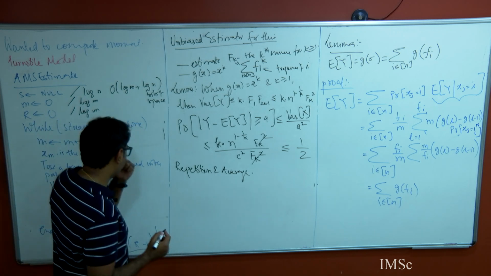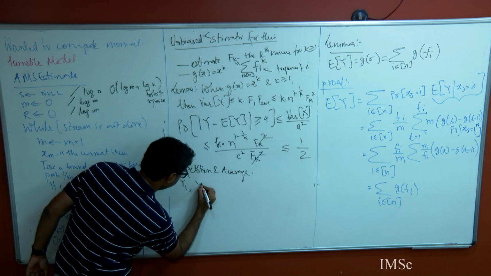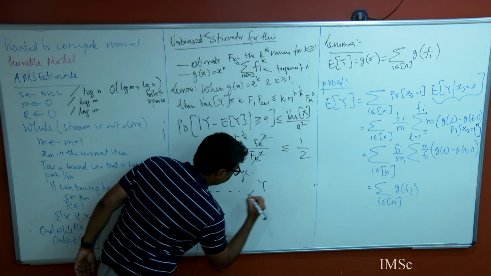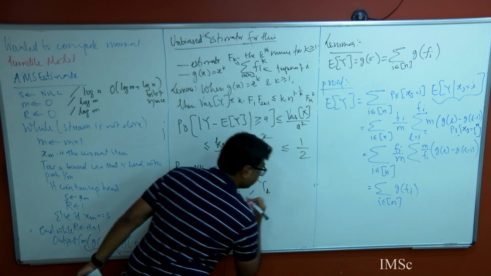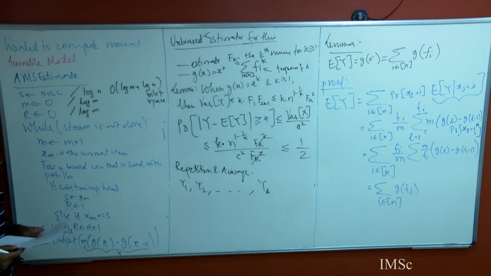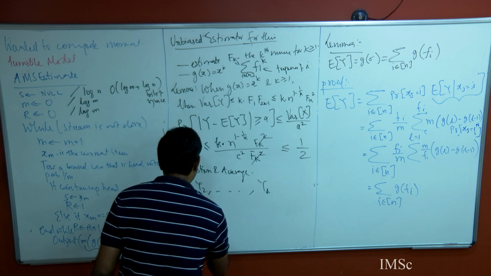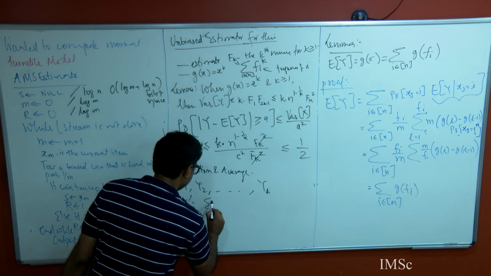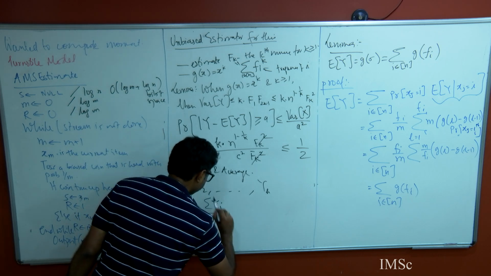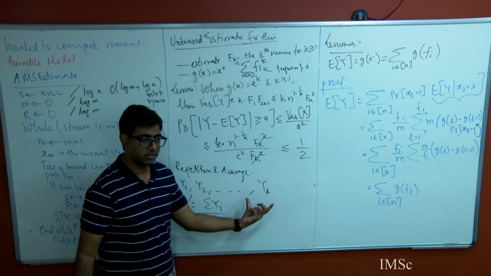Suppose I now have y1, y2, up to yh. We will fix how many independent copies we are going to do, and y prime is basically summation yi divided by h, but these are independent estimators, right?